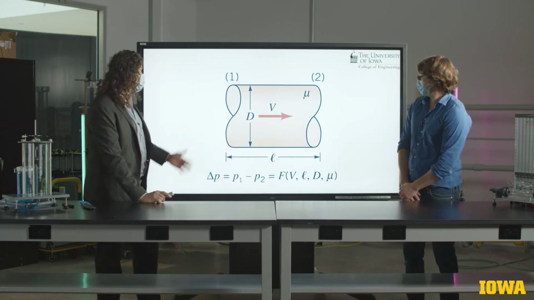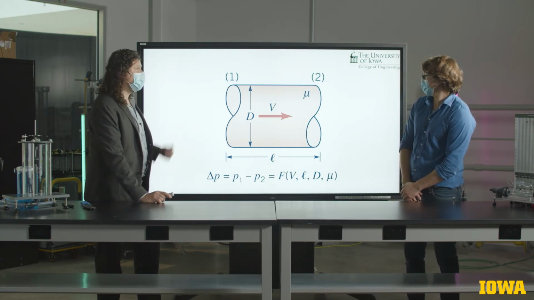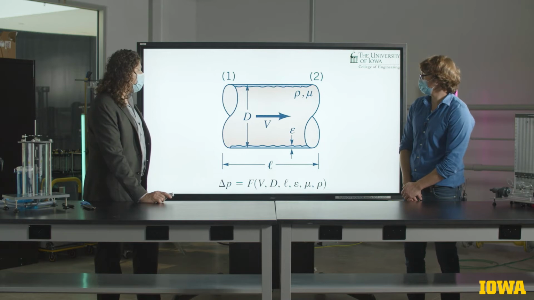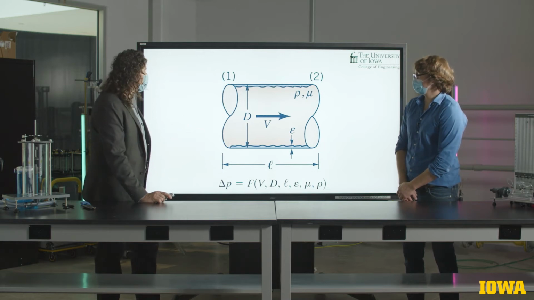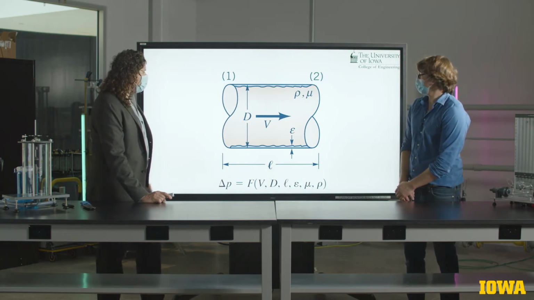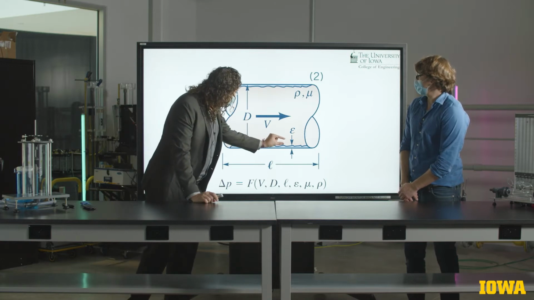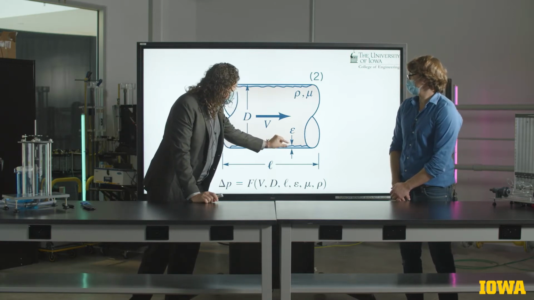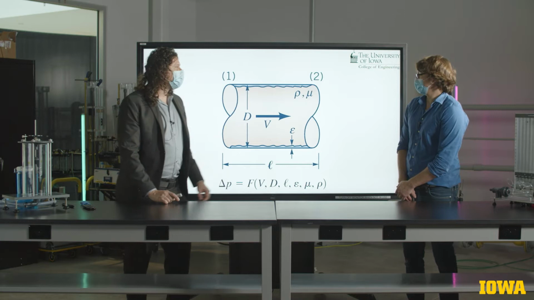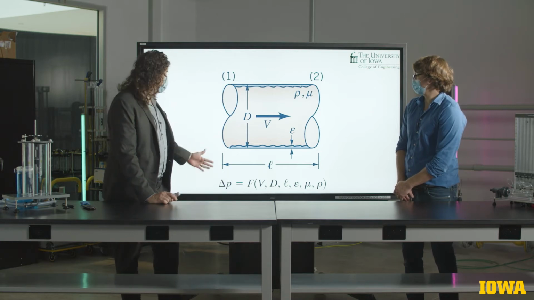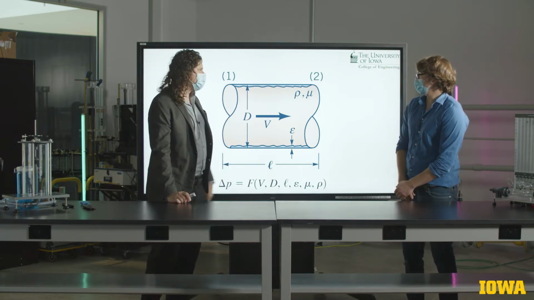This is different when we have highly turbulent flows or high roughness material, where the relative roughness of the pipe becomes an important variable in determining the head loss as you move through the pipe.